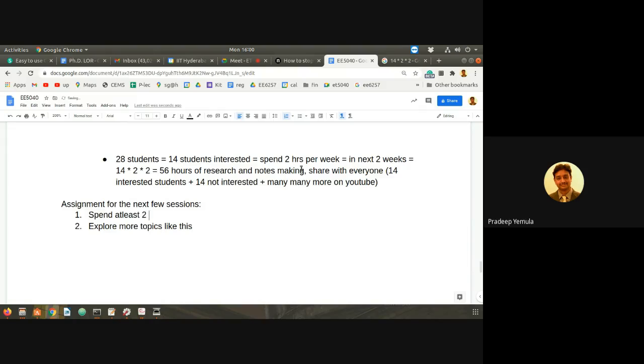Spend at least 2 hours per week, not the class time, but additionally. Explore more topics like this. Make notes. Keep it interesting. Create arguments. And then come to class and discuss.